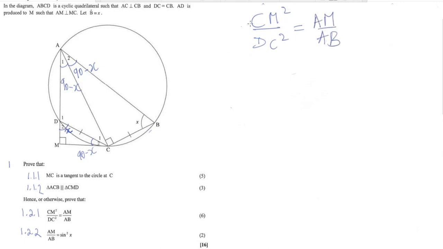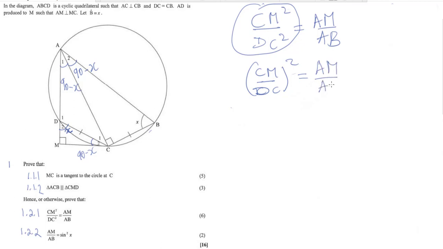Now let's look at this side, okay? So we have CM over DC squared equal to AM over AB. Good. Okay, so now CM is in this small triangle.